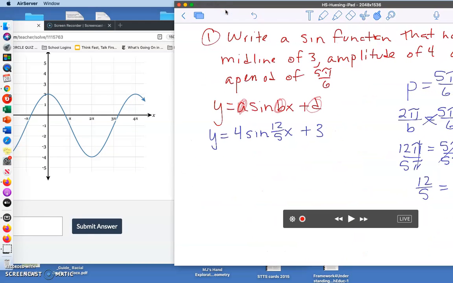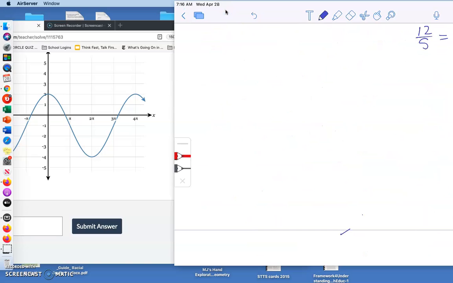So what you might want to do for your notes here is, let's make our axes here. And it goes up to 2 and down to -1, -2, -3, -4. Then we have 1, 2, 3, 4.